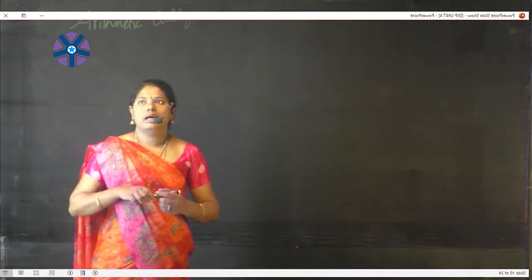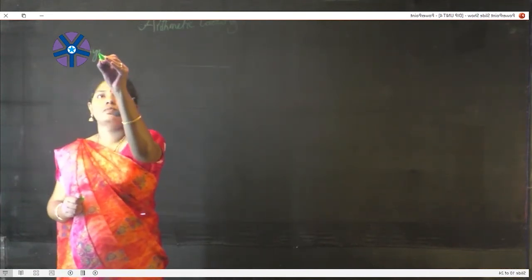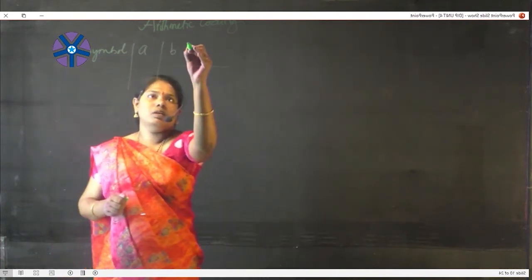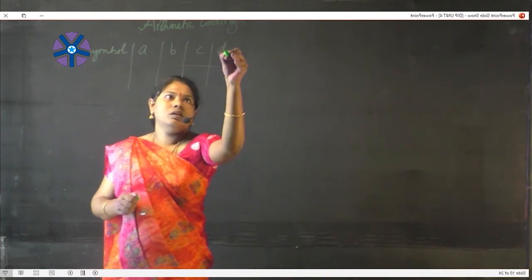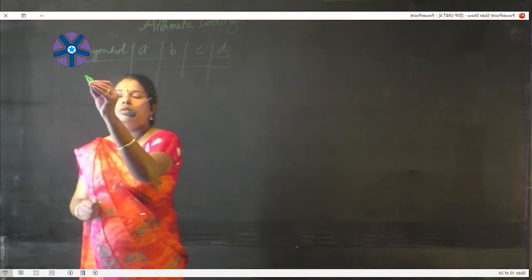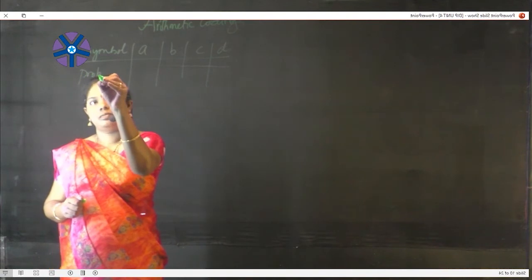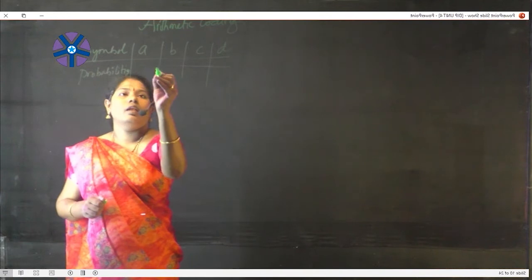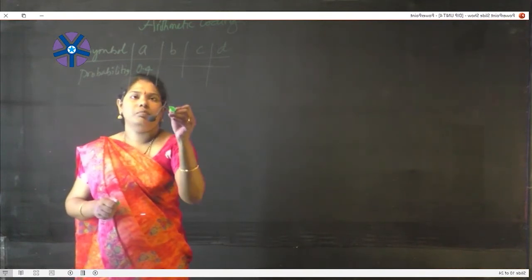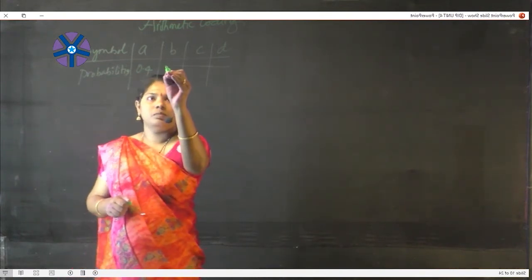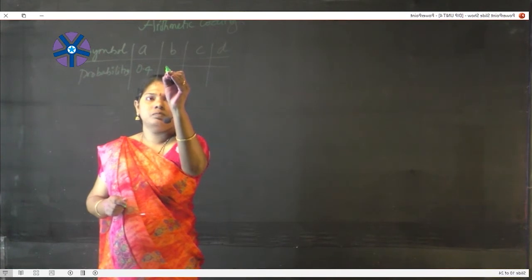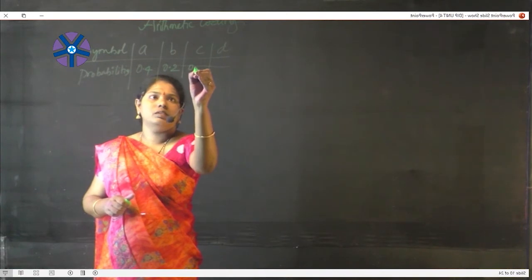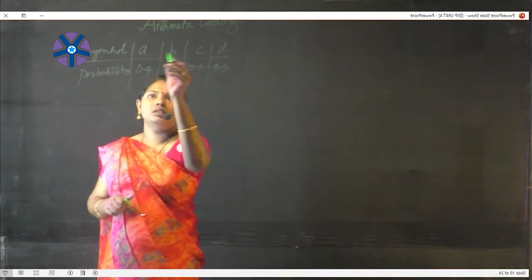Let's see the example. Symbols A, B, C, D, with the probabilities: let A is 0.4 and B is 0.2 and C is 0.1 and D is 0.3.